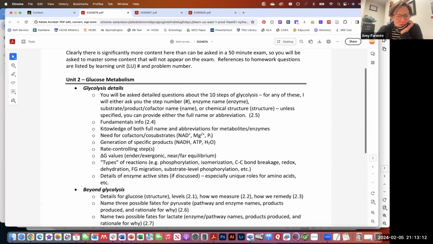That's related to the first part, knowledge of both full names and abbreviations for metabolites or enzymes, needs for cofactors and co-substrates, right? Hopefully when you look at these, you're like, oh, where did I always see magnesium? I saw magnesium anytime I had ATP. And why it was there is magnesium helps to balance that super negative charge we have in that polyanion that is ATP.